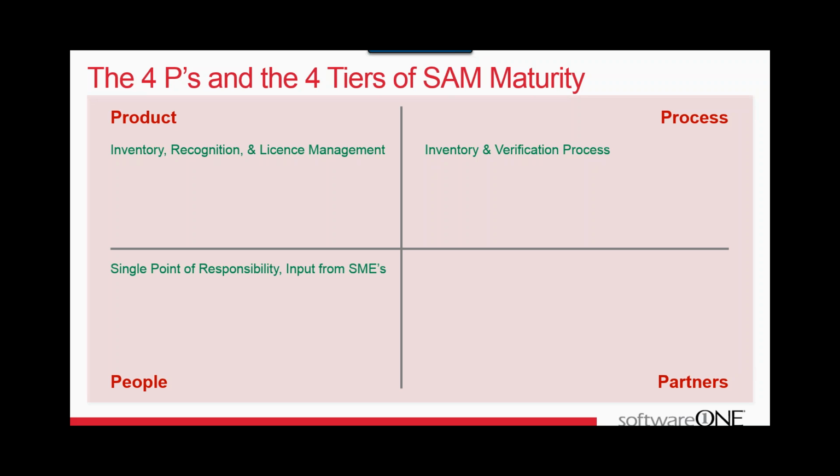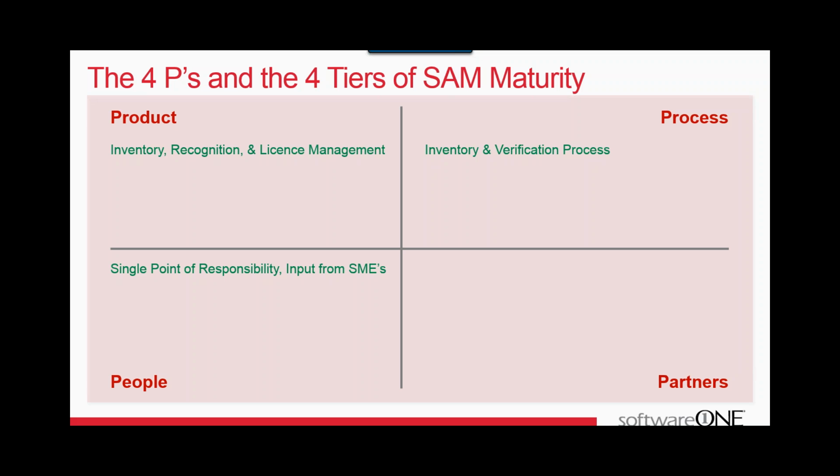From the people side, I find this is a really key area, is starting with putting in a single point of responsibility. So as you guys have joined this call, there's a high likelihood that might be you in the organization. That's very key, because at that point then that single person can then start to delegate the responsibility and the work out to others, but you always know who is there and people know who to turn to.